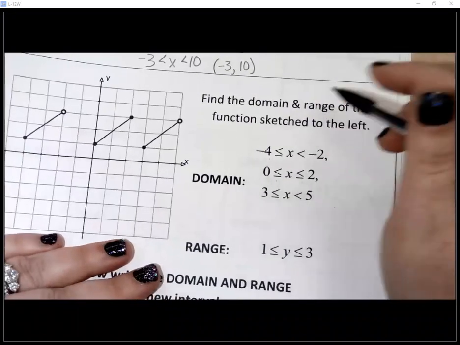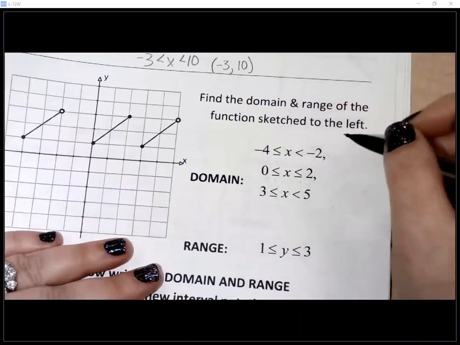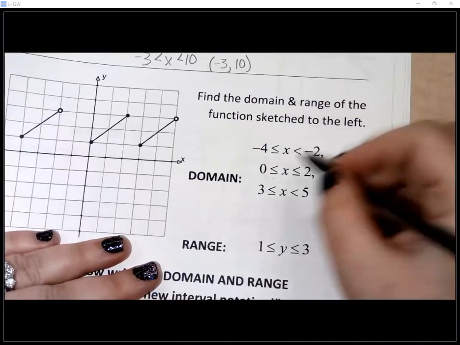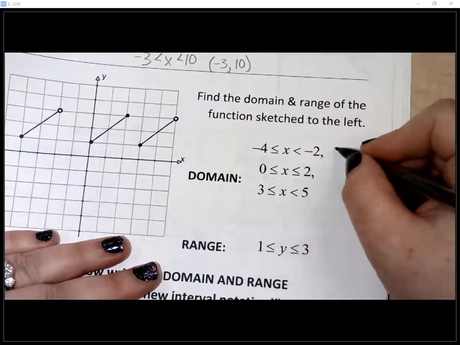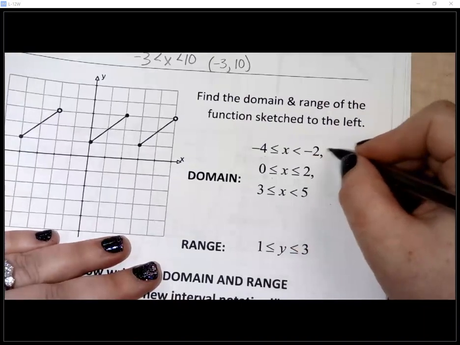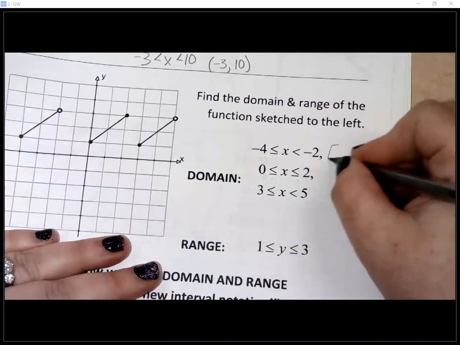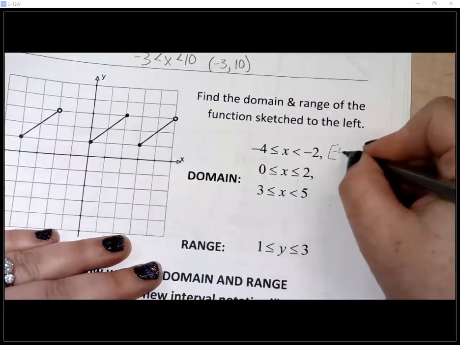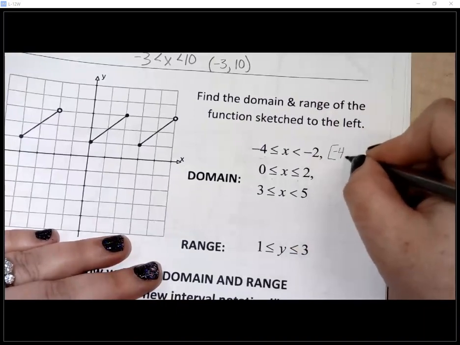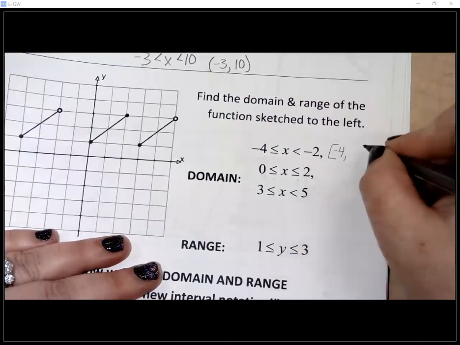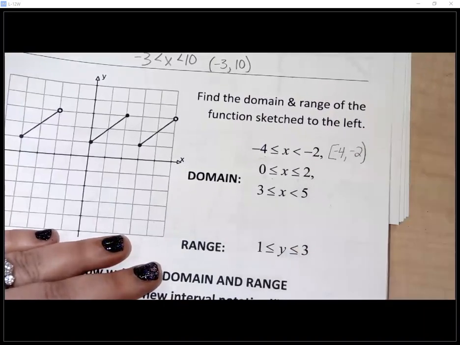Okay. You got something? So just for this chunk, how do you rewrite that in interval notation? Jake, go ahead. Bracket -4, -2 and then a parenthesis. Perfect. So double check that that's what you have for the first chunk.